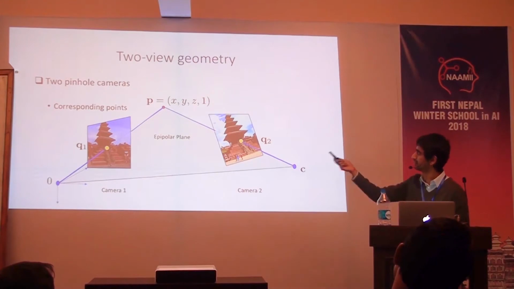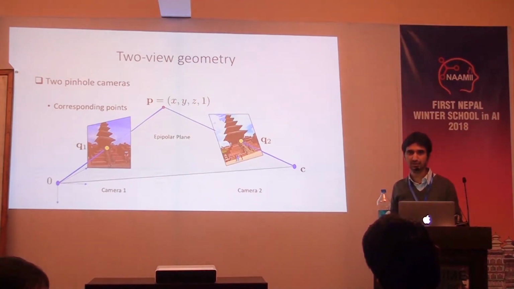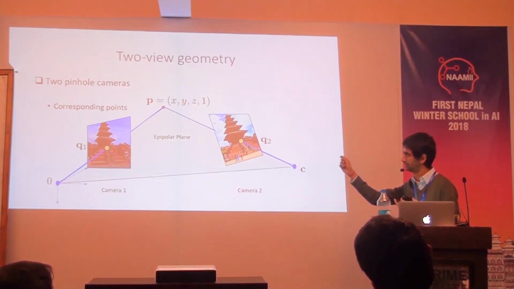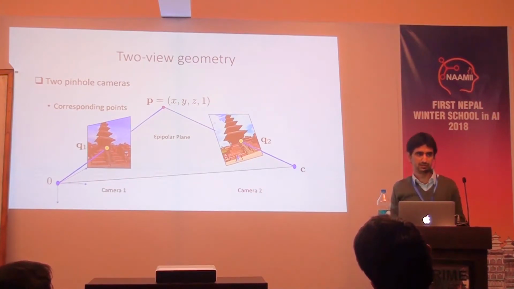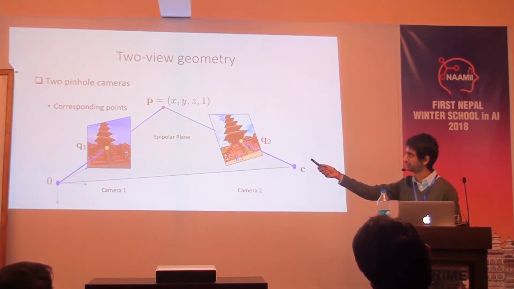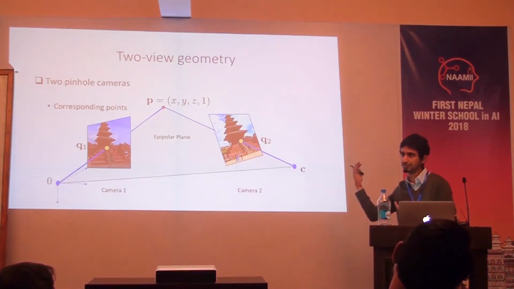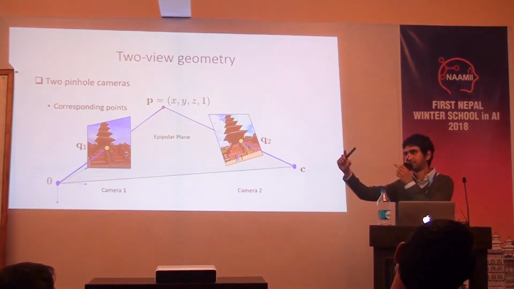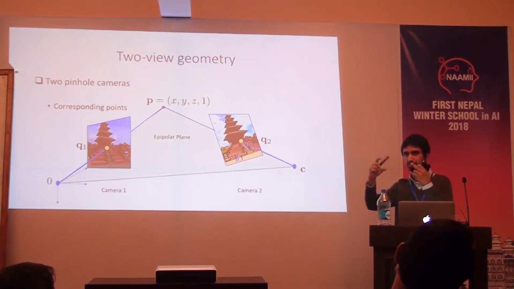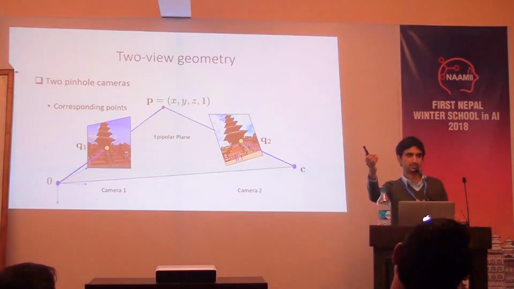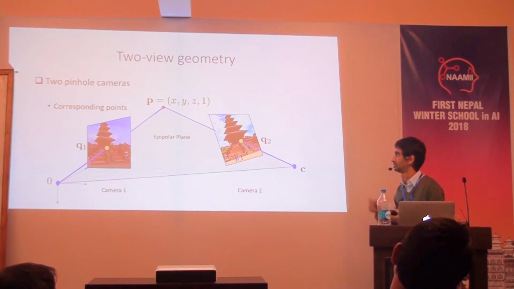So these 2 points are called the corresponding points because they represent the same physical location in 3D, and they are projected differently in the images. So if you see the pixel locations of Q1 and Q2, on each camera they will be at different locations. Like you move the camera here, you will be at a different position. So the pixel locations change, but they still represent the same physical point. So that's why they are called corresponding points.